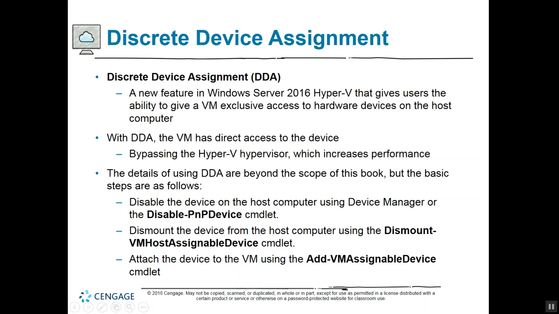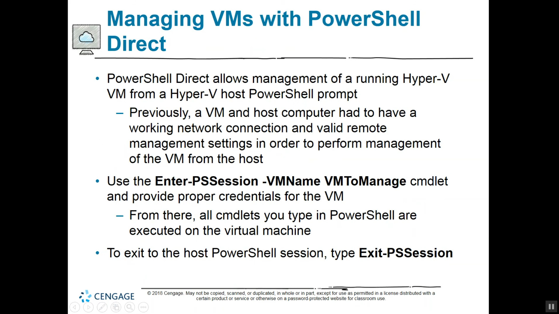So we've got cmdlets to do the same kind of thing in PowerShell. And if we're going to manage VMs with PowerShell Direct, we can use Enter-PSSession and go in and use this cmdlet. To exit, it's Exit-PSSession.